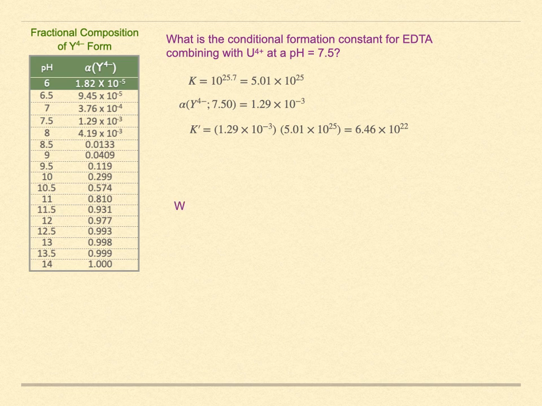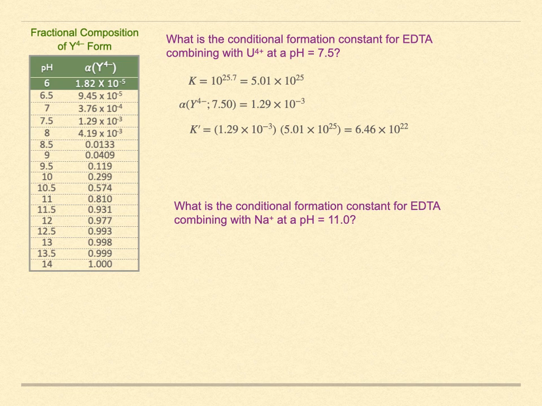And another. What is the conditional formation constant for EDTA combining with the sodium ion at a pH of 11? From the tables, the log of the formation constant is 1.86. The formation constant is, therefore, 72.4. This is so very much smaller than that for uranium. The uranium complex is much more stable. From the table, the fractional composition of Y4- at a pH of 11 is 0.810.